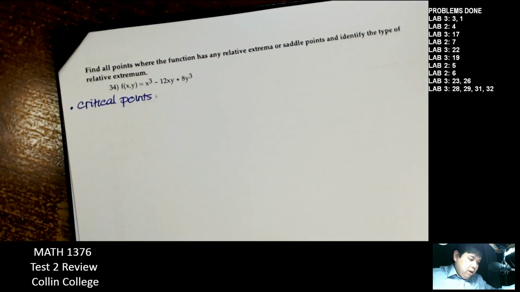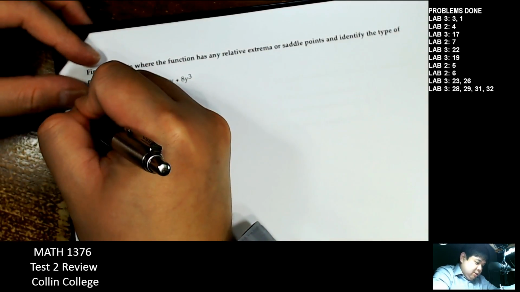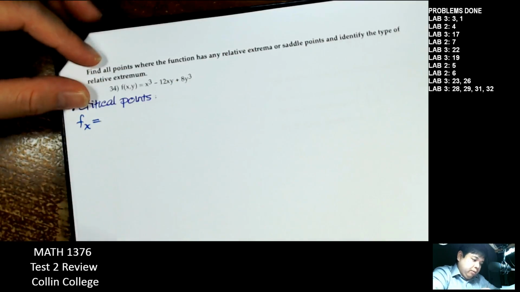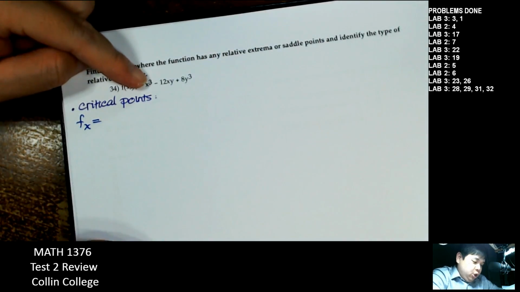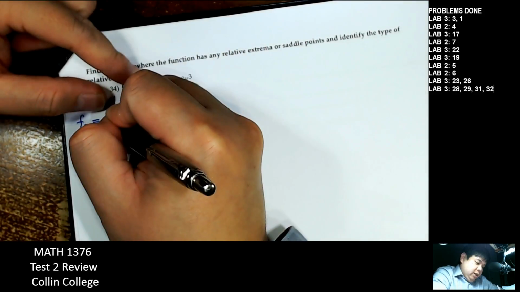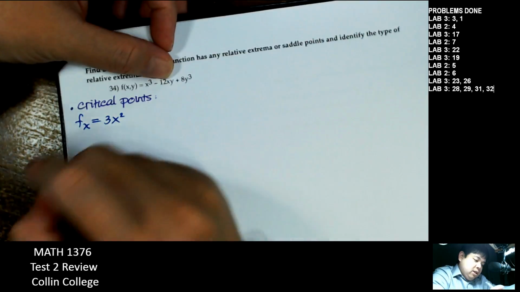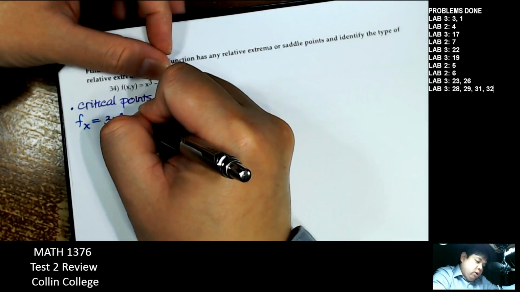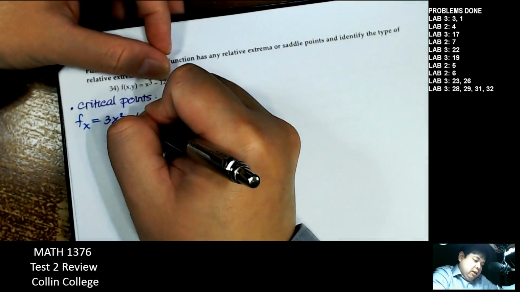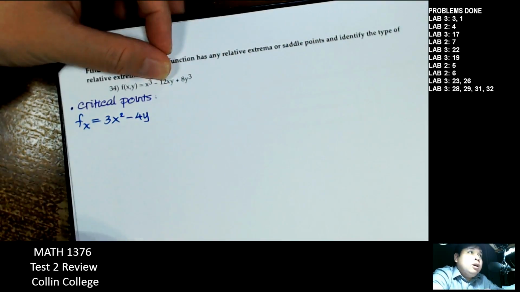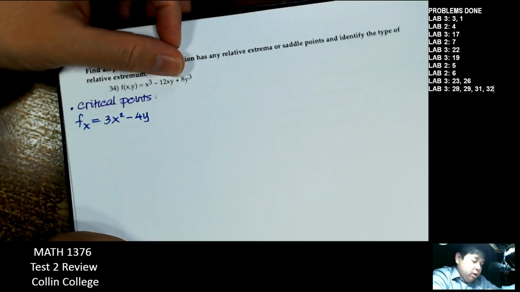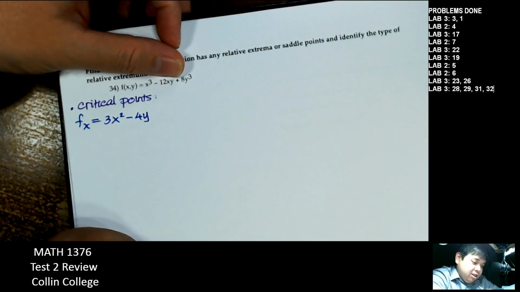We take the derivative with respect to x. X cubed will be 3x squared. Negative 12xy will be negative 4y. That's it, there's no more x.